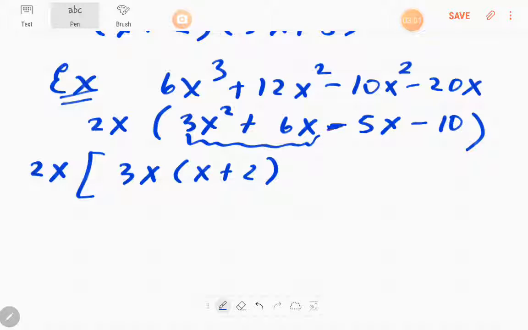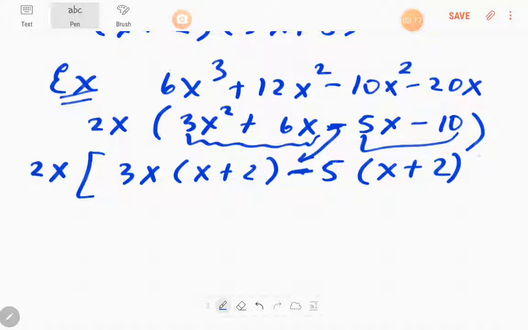Now again, the sign here is minus, that sign comes down. So minus, and then between the last 2 terms, we have 5 in common. And this becomes x plus 2 because we have that negative on the outside. Now we have x plus 2 in common. We could factor that out.